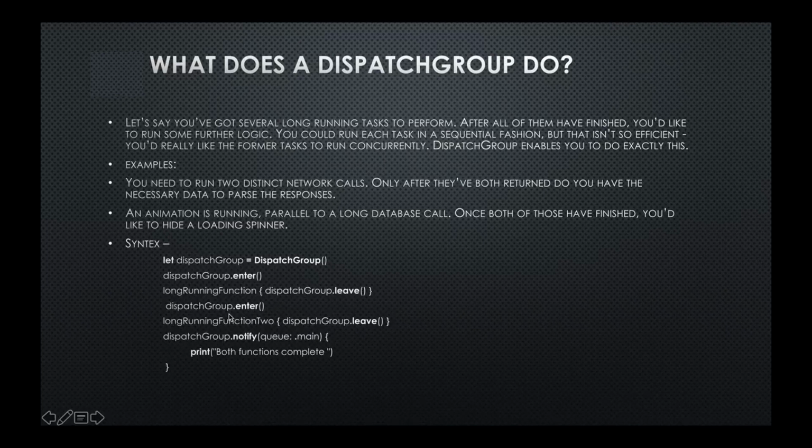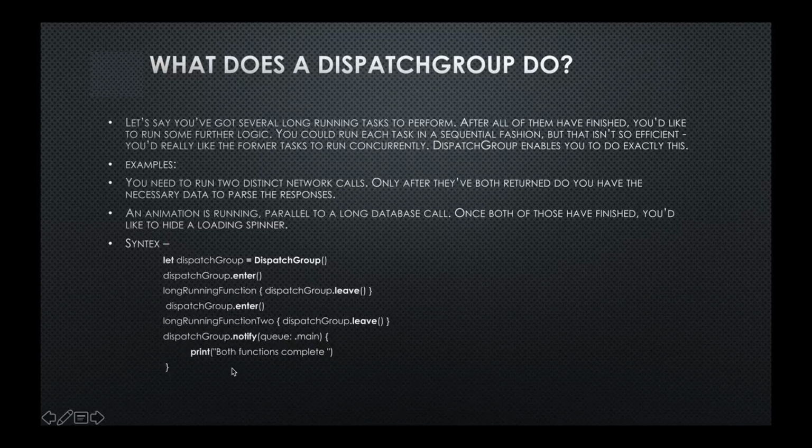Then for another task, before running the task, you say dispatchGroup.enter, then long running function 2, and inside that function also you write dispatchGroup.leave. Once both of these functions have finished running, you will come into this block, which is dispatchGroup.notify(queue: .main). This will only be executed once both of these long running tasks have finished.